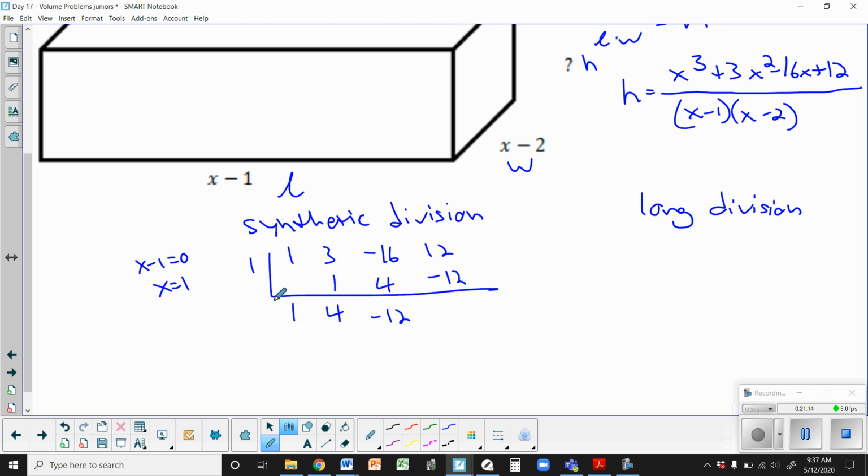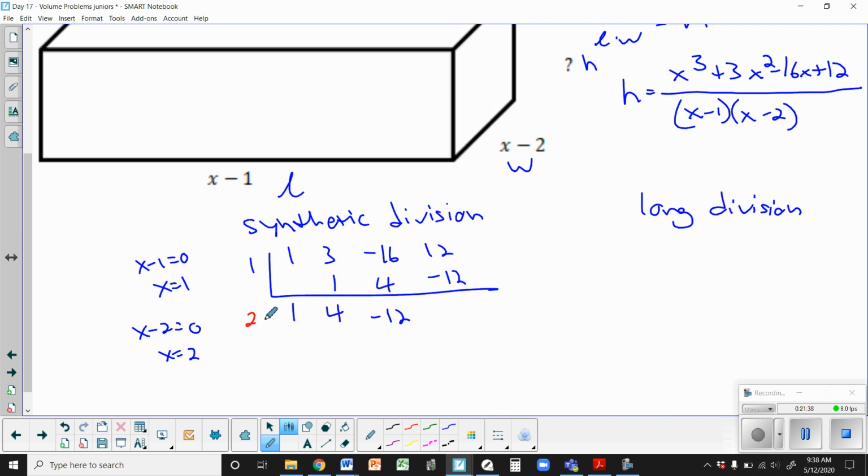Now, we could factor this and figure it out, but we also know that x minus 2 works. So x minus 2 equals 0, and then x equals 2. So we're going to use synthetic division with 2.